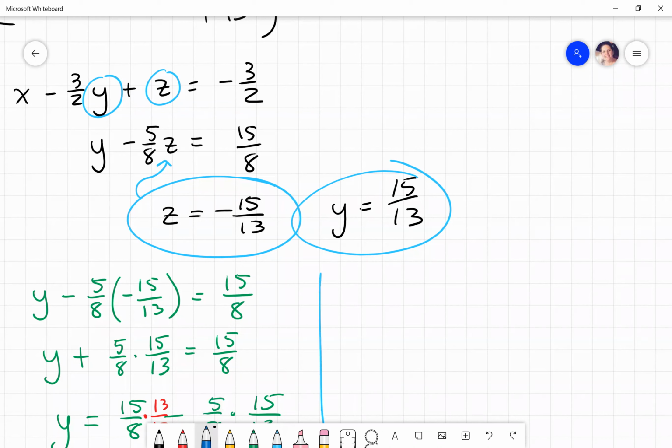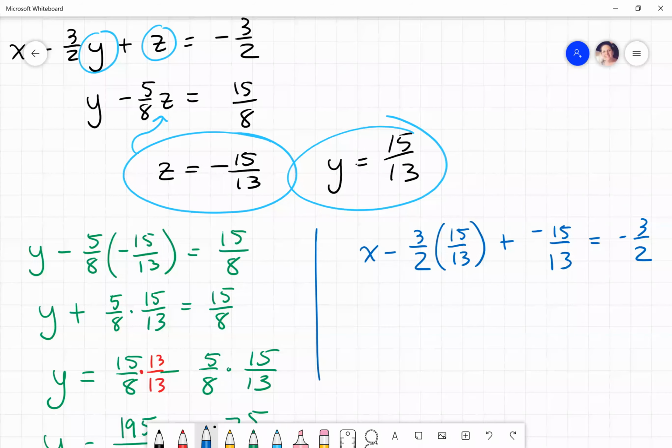Maybe I'll do it with dark blue, just because I won't be able to see it if I scroll all the way down. So we're going to use x minus 3/2 times y, which we know is 15 thirteenths. I'm going to put it in parentheses just because I want to. Plus z, which we know is negative 15 thirteenths. And that should equal negative 3/2. All right, now we just have to simplify all this and we'll have our x.